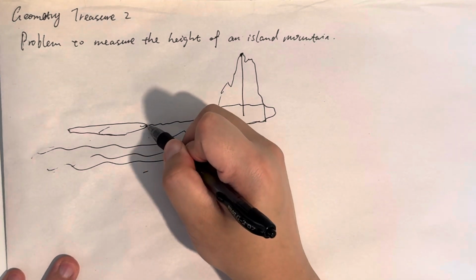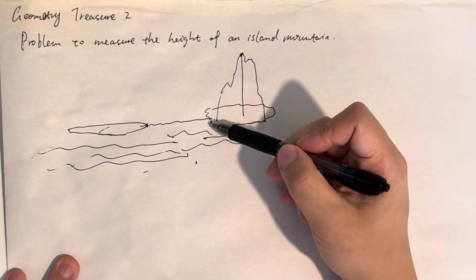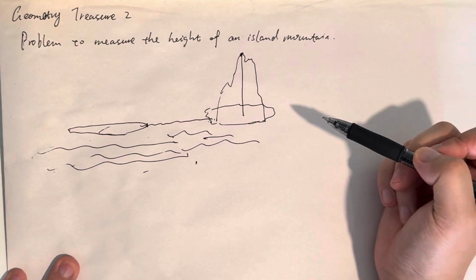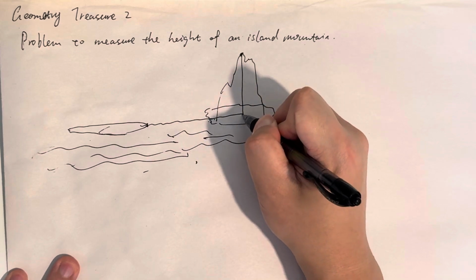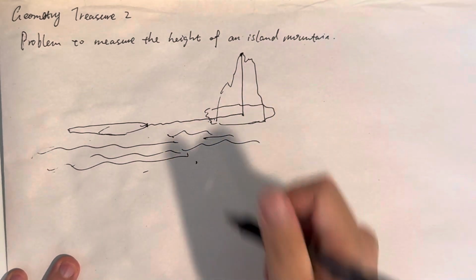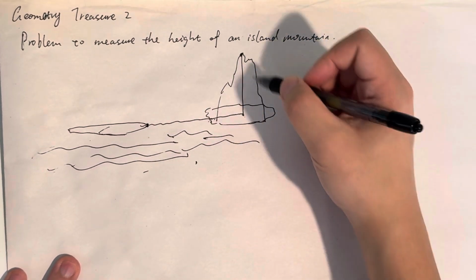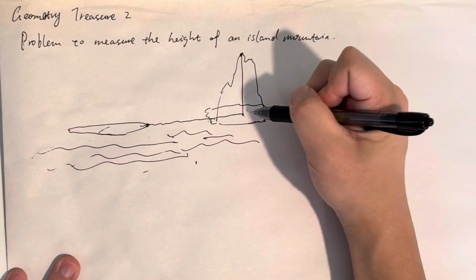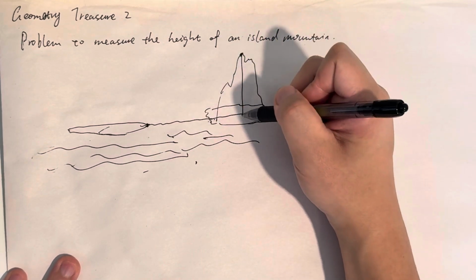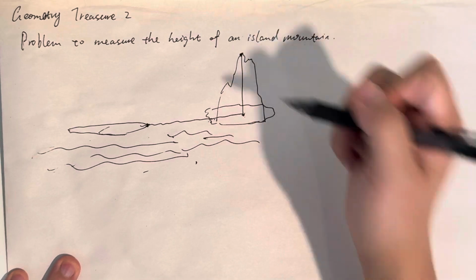We don't know the distance from the boat to the island or to the mountain. Okay, we don't know the distance. We want to find a way to calculate the distance from the boat to the center of the mountain, and we want to find the height of the mountain.